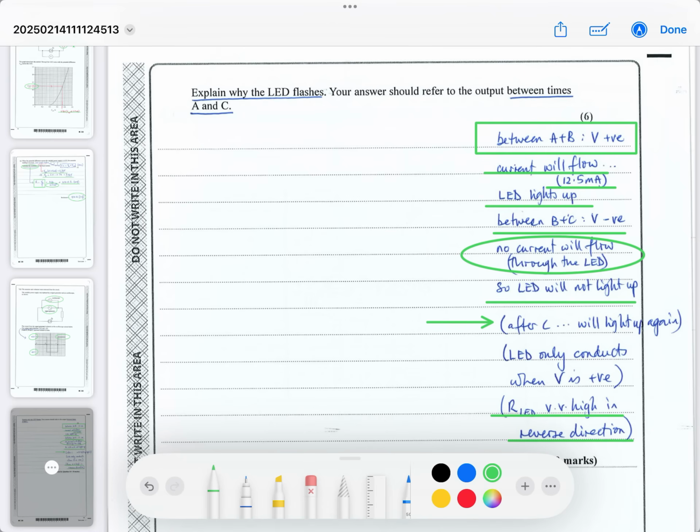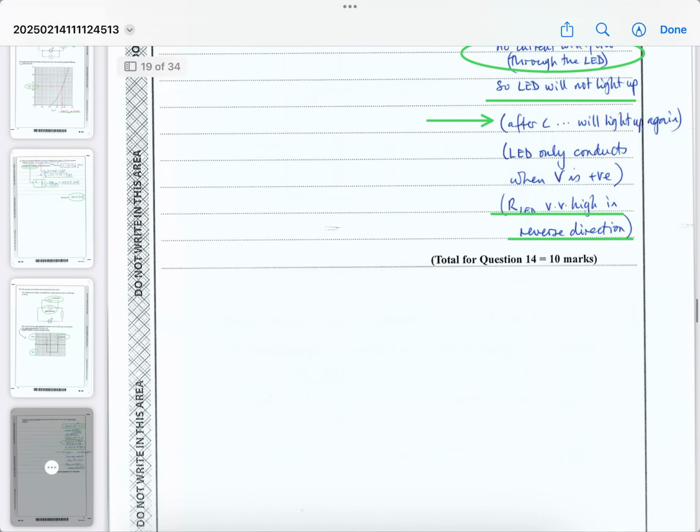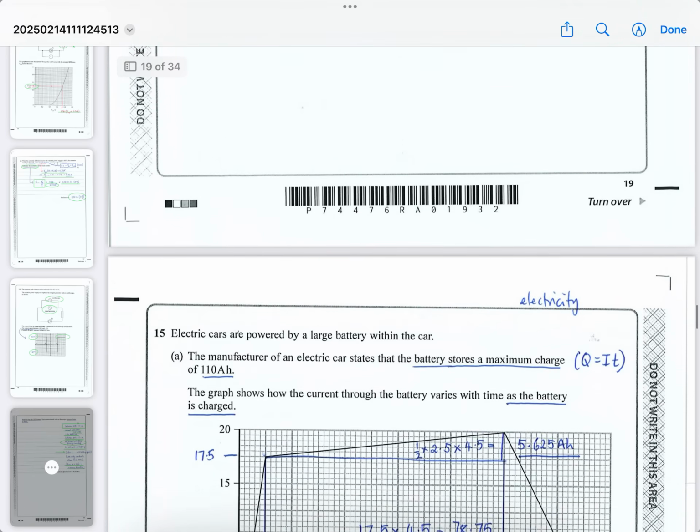Okay? So that's how you get the 6 marks, and you've got to change these notes into clear, lucid English. So the English in physics is more difficult than the maths in physics, I should say. Okay, so there's question 14 done, another 10 marks.